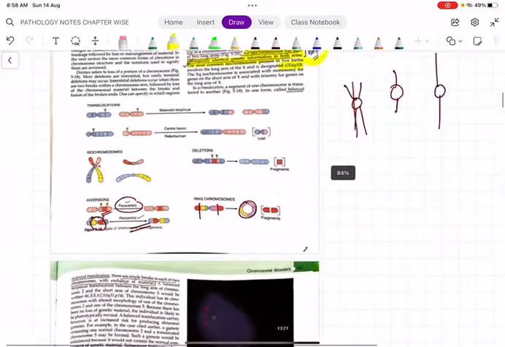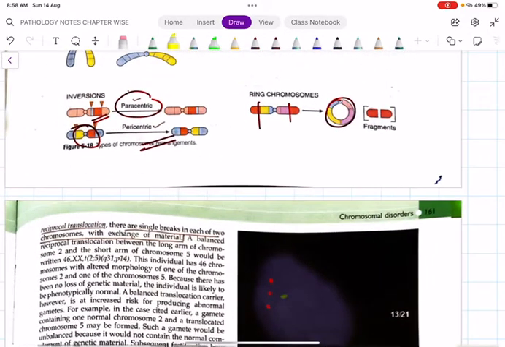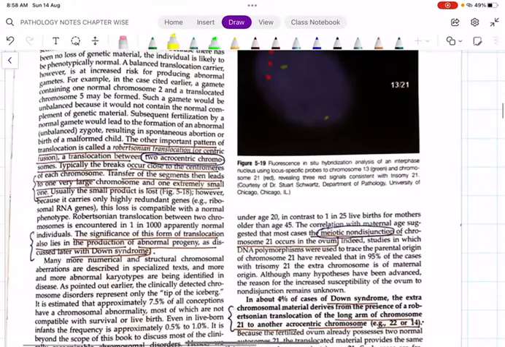Let us see. In balanced translocation, there will be a single break in each of the 2 chromosomes with exchange of materials. Whereas in Robertsonian translocation, we use that terminology especially for acrocentric chromosomes.